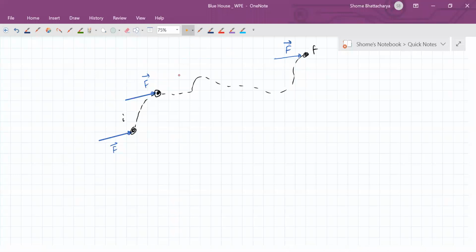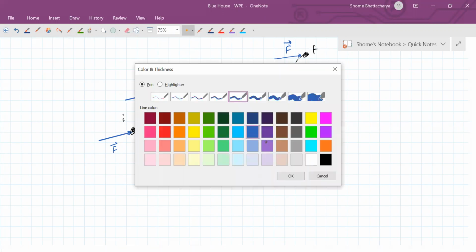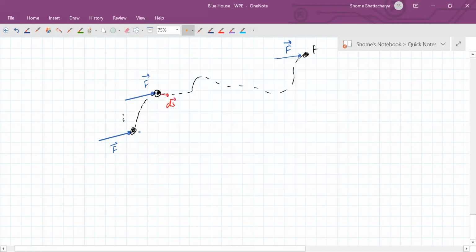So when we take a small displacement like the ds over here, to make the calculation simple for us, because the direction and magnitude of force are both fixed, we can take the direction of the force as our x-axis. We can define this itself as our x-axis. Define this as our y-axis.